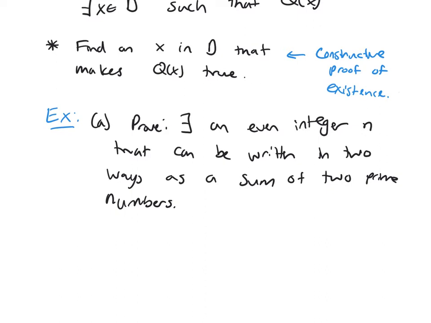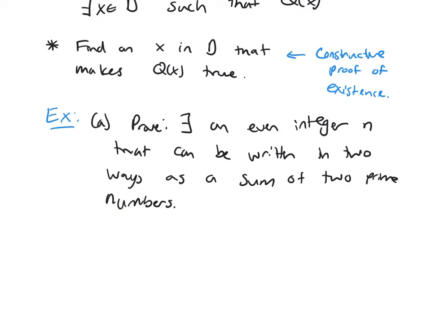If you think about it, 2 you can write as 1 plus 2, but 1 is not prime. 4 you can write as 2 plus 2, and that's the only way to write it as primes. Then there's 6. 6 is 3 plus 3, but that's the only way to write it as primes. 8 is 5 and 3. I think that's the only way to write it as primes.